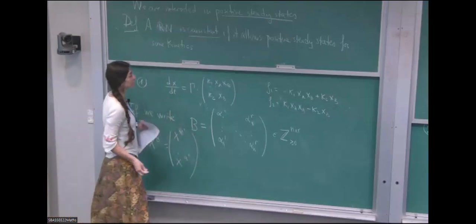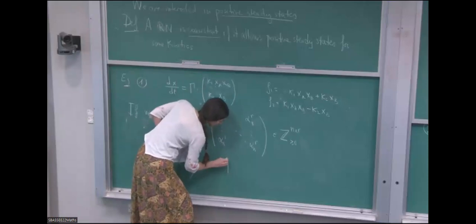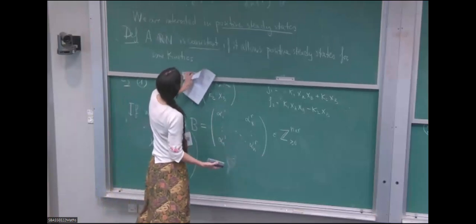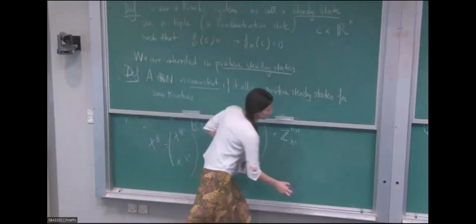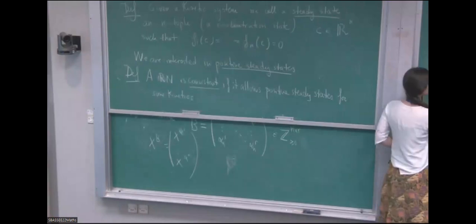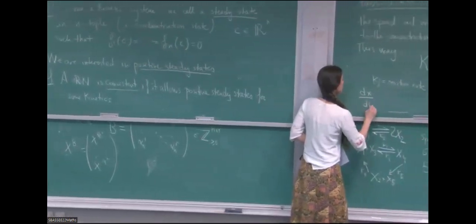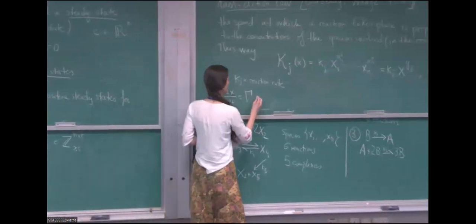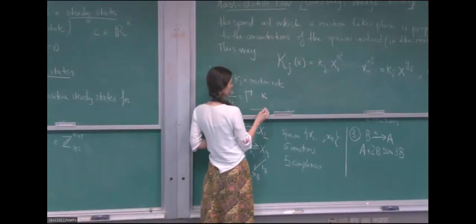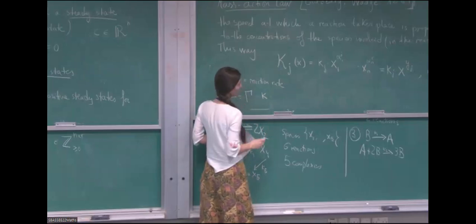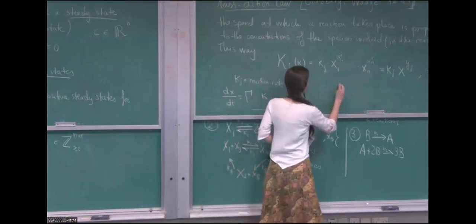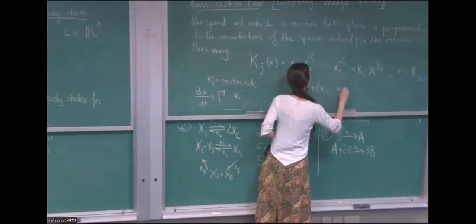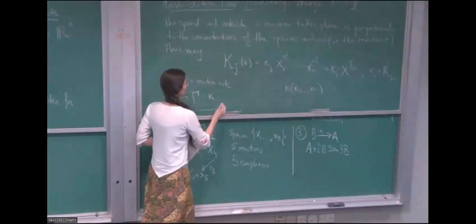And using this, I can write up here. Then I get a system that I can abbreviate as the product of the stoichiometric matrix times this vector of reaction rates, and then times this vector of monomials.